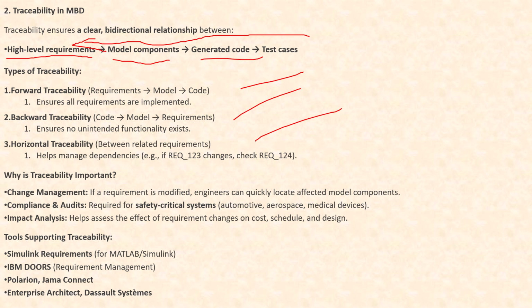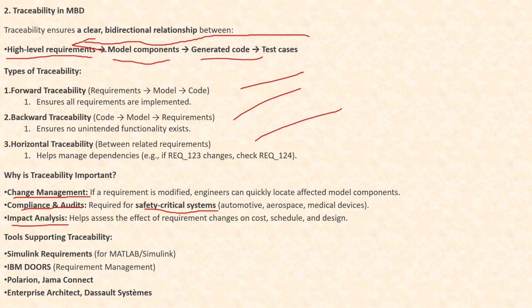Now why is this traceability important? Especially during change management. Suppose you want to change a small feature, then what is the ripple effect? How does one small change affect the various things? That is clearly identified. Next is impact analysis. Next is compliance and audits. This is also very important for audits, especially for ASPICE audits, because nowadays many OEMs are asking for ASPICE level 2 when it comes to tier 1.